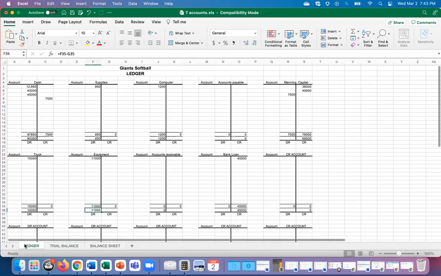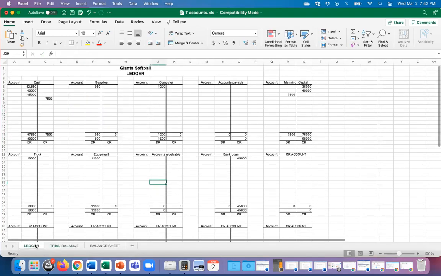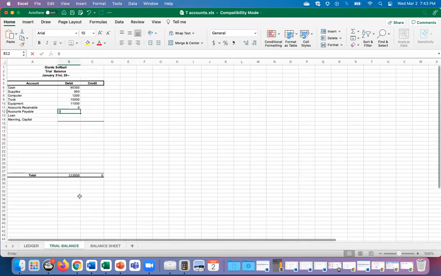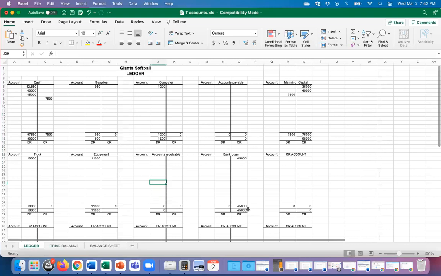Accounts receivable, I don't believe we had anything in it, so that's 0. Put 0, although I think that's implied by being blank, but anyway. Accounts payable, we had 0. Loan, we do have something in that one. 45,000.